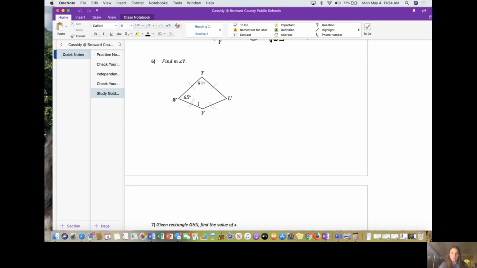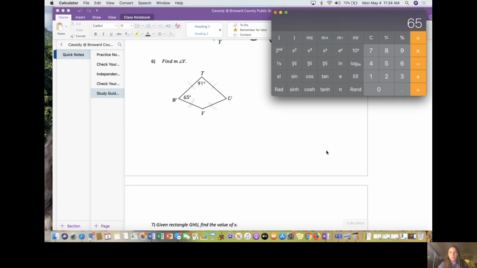So now all we need to do is find angle V. Remember, in a quadrilateral, all the angles add up to 360. So we go in our calculator and add up all of those angles: 65 plus 65 plus 91 equals whatever we get, and then we subtract that from 360.